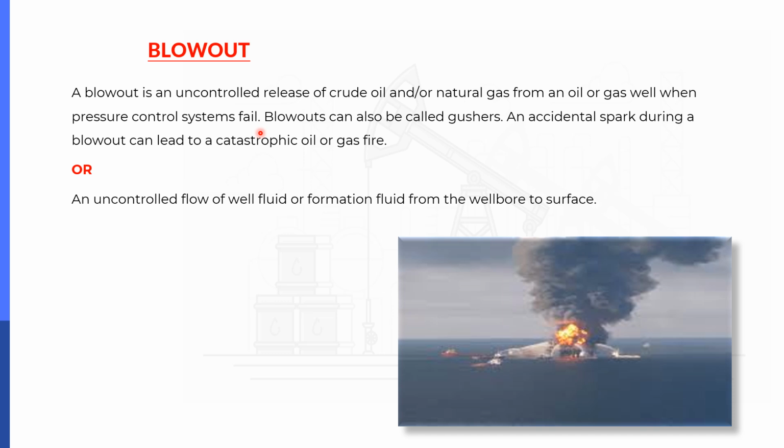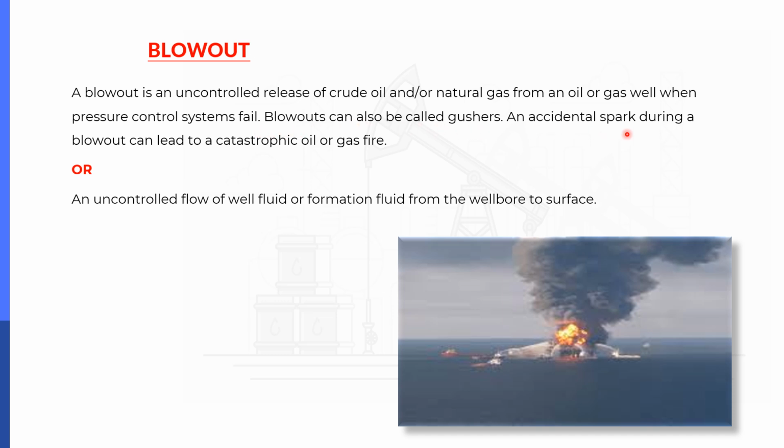There are two systems for pressure control in the rig. The first is hydrostatic pressure, which is maintained with the drilling mud. The second is the BOP, the blowout preventer. When both systems have failed, the blowout comes. Blowouts can also be called gushers.